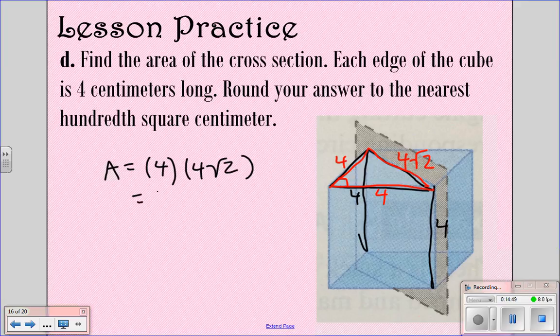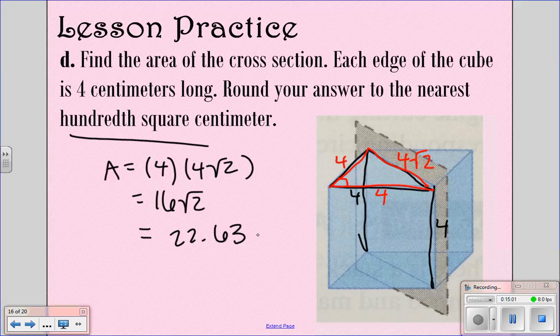And so if you multiply those, you have 16 square roots of 2, but it says to the nearest 100th square centimeter, and so if you multiply that, you get 22.63, and then centimeters squared because you have area. Okay, so that's how that one would work.